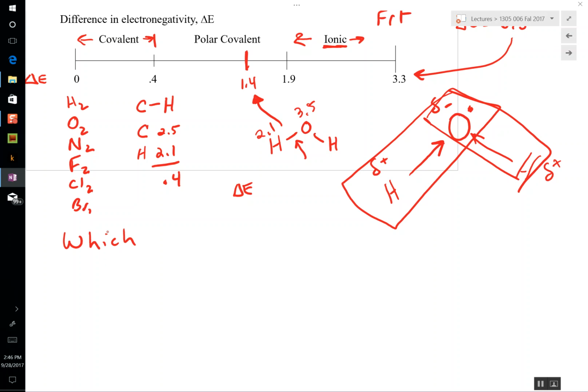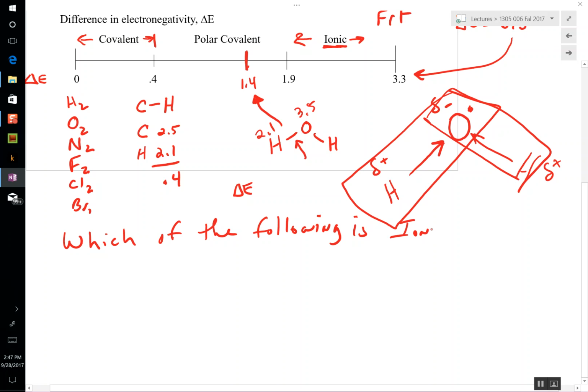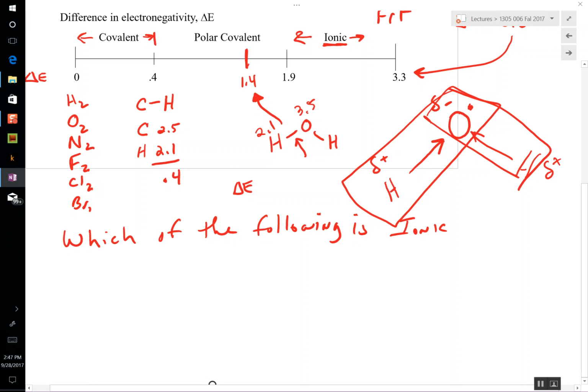What is Ga? That's gallium. Okay, which of the following is an ionic compound?